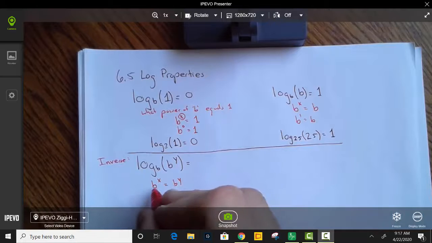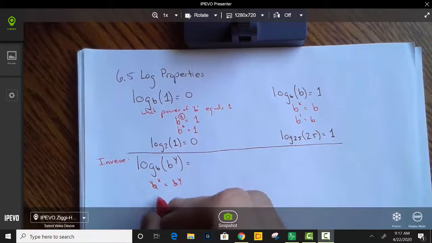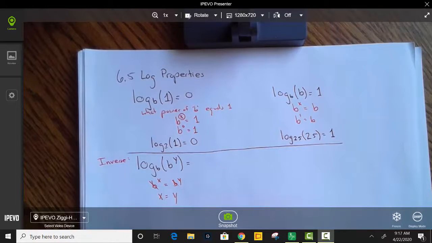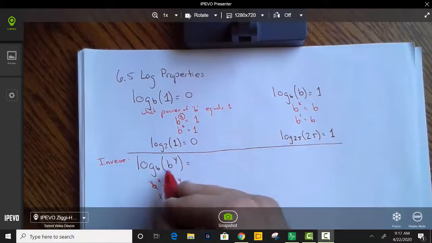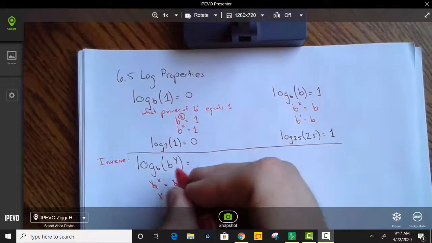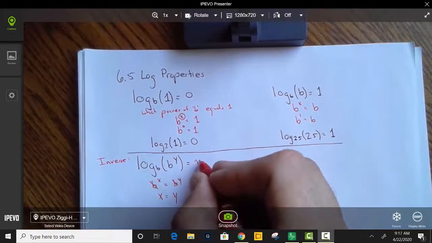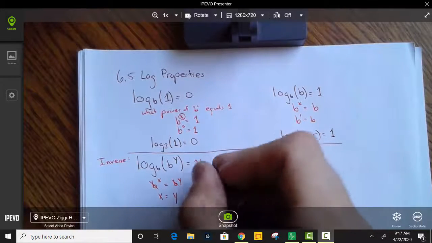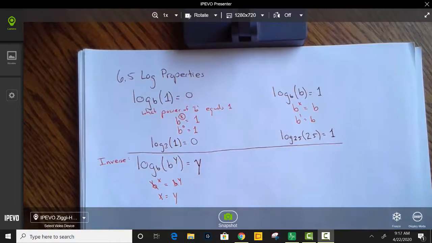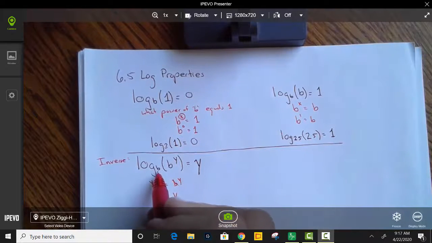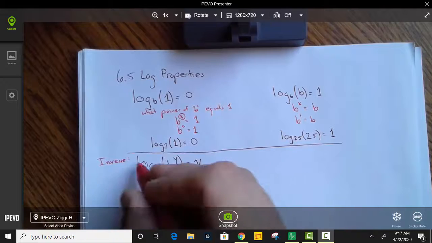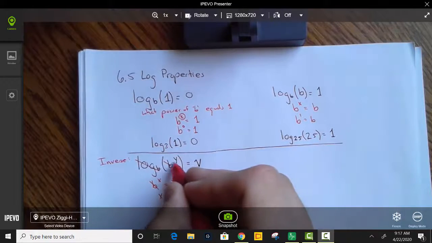And this uses the common base property, which says the bases would cancel, giving us that x equals y. So what power of b gives me b to the y power? Well, that power is y. This is called the inverse property because if we have a logarithm with a base of b and we have an exponential with a base of b, the logarithm and the exponential cancel out, leaving you with just the power.